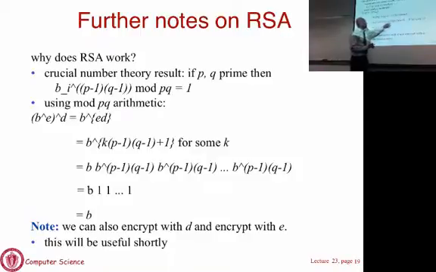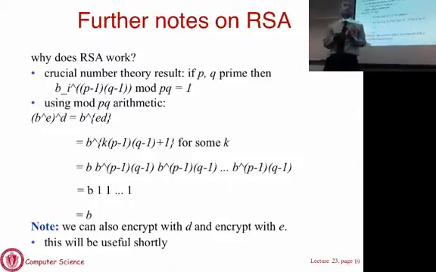So each of these terms becomes 1, and this becomes B times 1 times 1 times 1, which gives you the value B. Once you are given that number theory property, it's simple arithmetic to prove to yourself that B to the power E to the power D gets you back B, because ED has essentially this property.